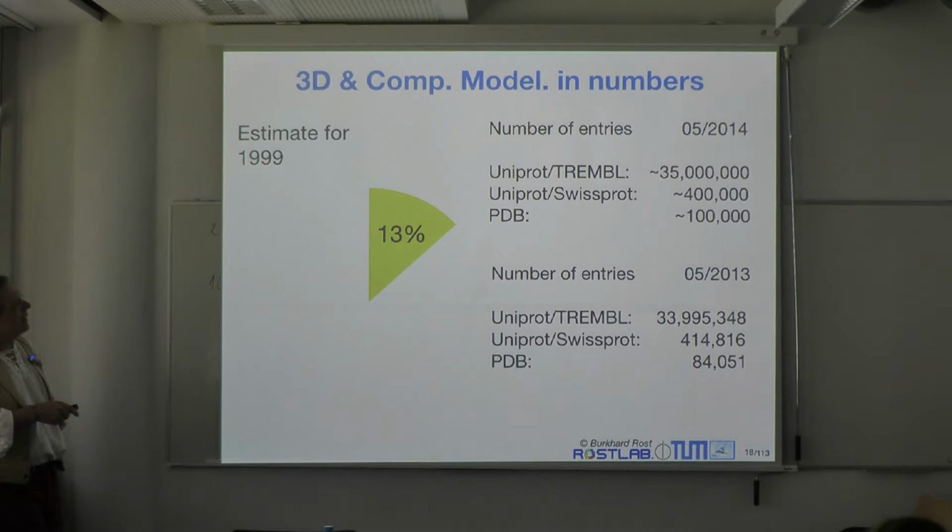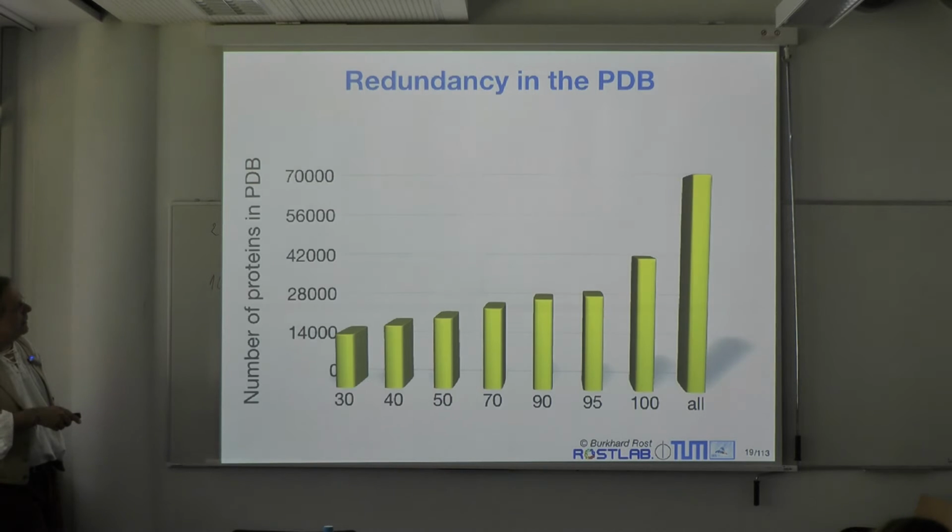Now let's get to the redundancy in PDB. The 100,000, most of it is here. A lot of the reduction, this is when PDB was 70,000. You see that just throwing away everything that is 100% identical, like the story for UniProt that I told you about, is almost halving. Why is that the case?